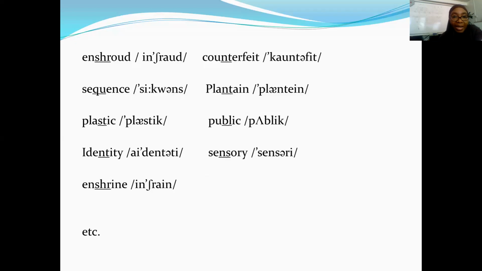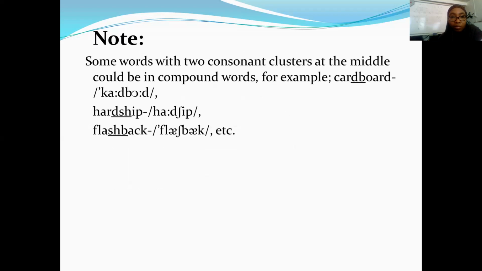All those words are examples of words with consonant clusters at the medial position. Please take note that some words with two consonant clusters at the middle could be compound words. For example, cardboard, hardship, flashback, and so on.